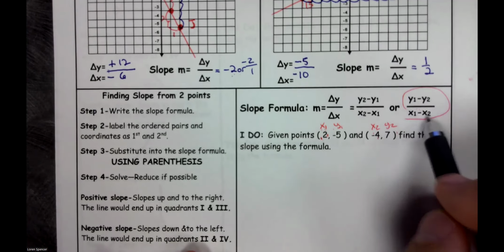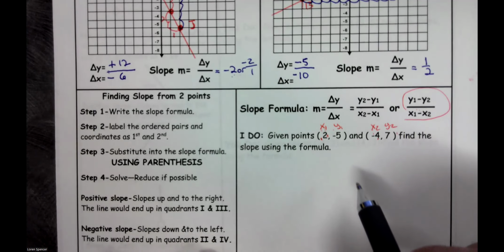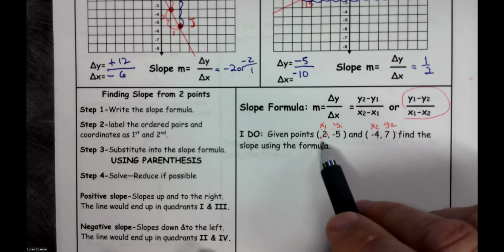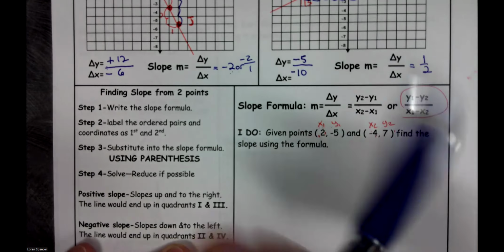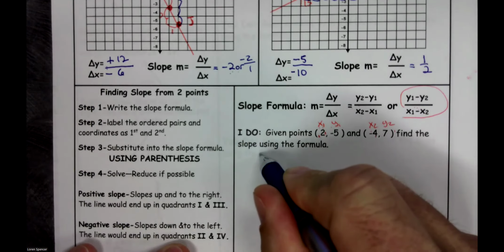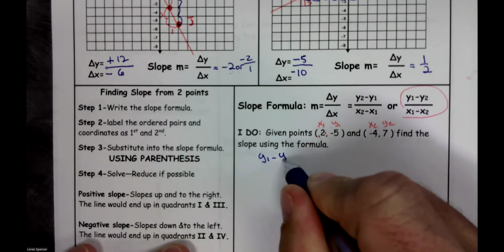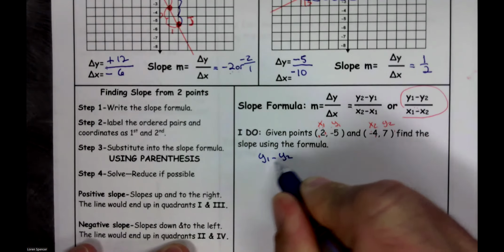Okay, so here we go. I'm going to use this version of that formula and make sure you substitute using parentheses. So if I have y1 minus y2 over x1 minus x2, and I'm going to substitute using parentheses, that means I'm going to have -5.